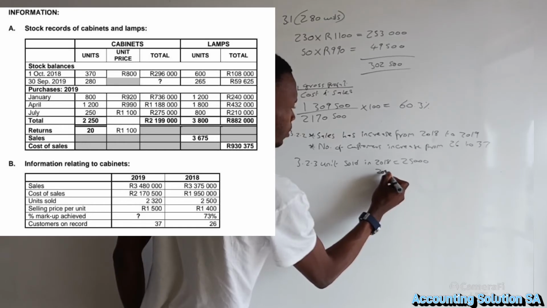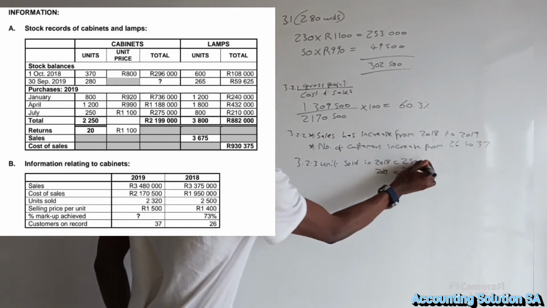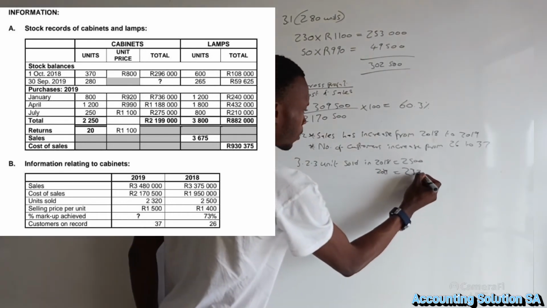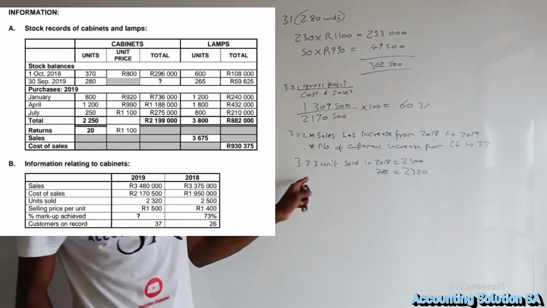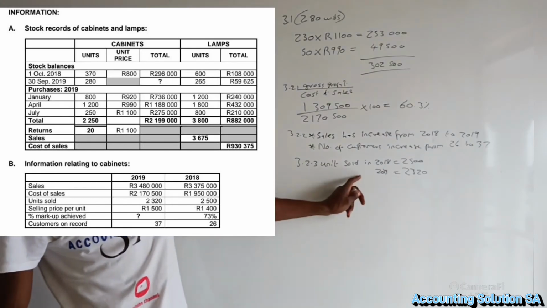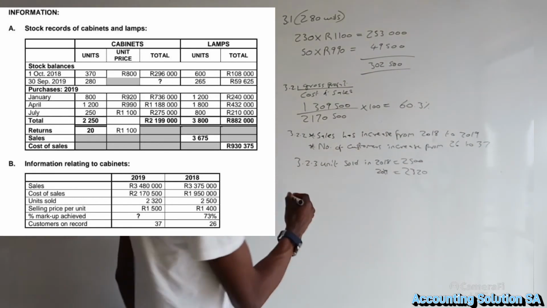And in 2019, it has decreased to 2,320. There is a decrease of what? Of units sold, which means that this decision has also affected the number of units sold. It was supposed to go up.